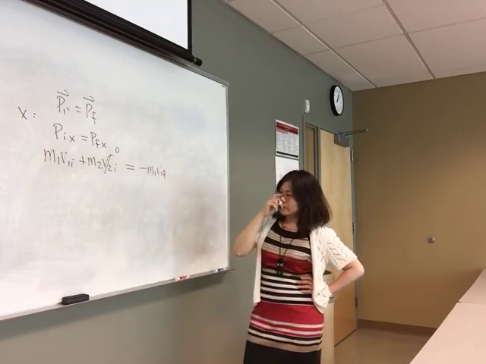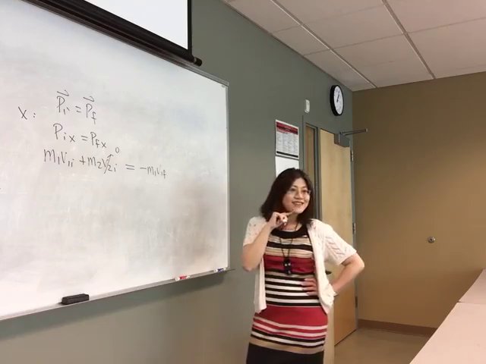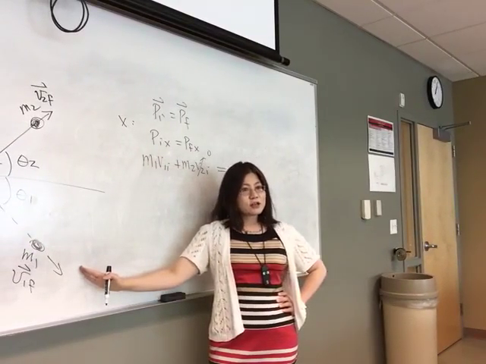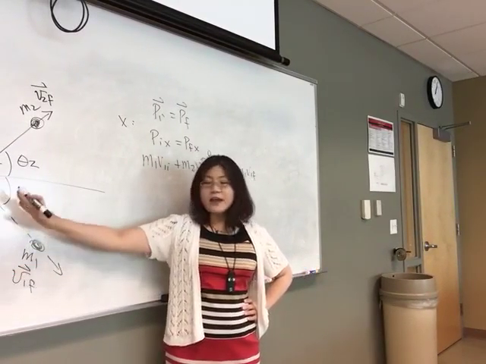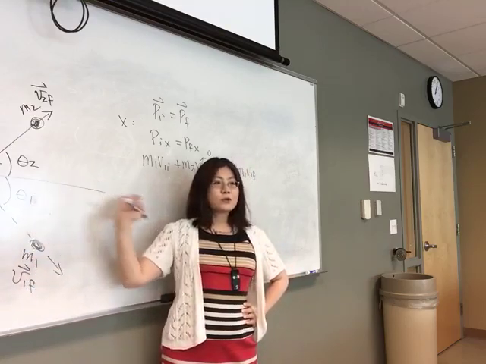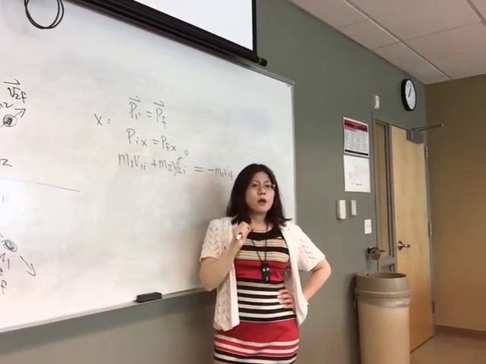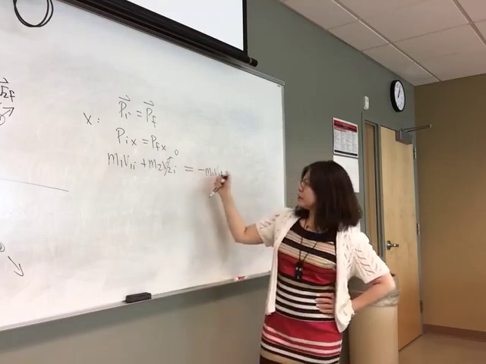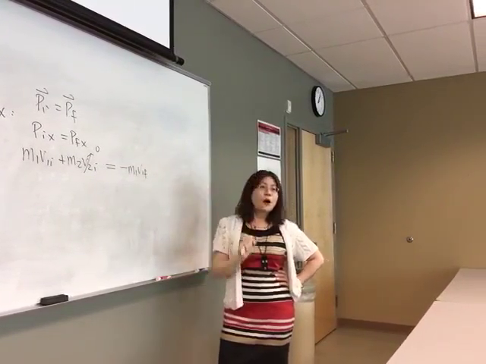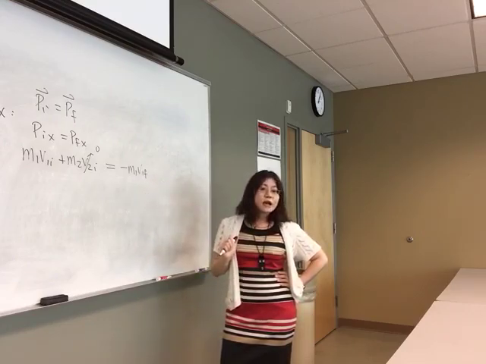And then plus... This is particle 1 that's moving in that direction, and the velocity is in that direction, right? So velocity is a vector. It's not along the horizontal direction anymore. We're finding linear momentum in the horizontal direction, so you have to resolve your velocity into the x and y components, and only the x component will go into this equation.